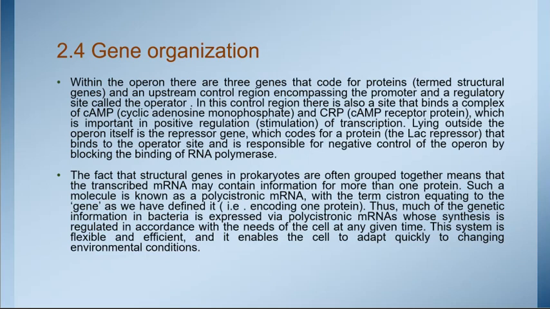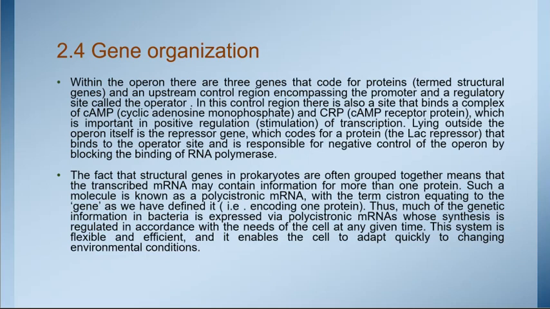So the fact that structural genes in prokaryotes are often grouped together means that the transcribed mRNA may contain information for more than one protein. Such a molecule is known as a polycistronic mRNA, with the term cistron equating to the gene as we have defined it, encoding one protein.